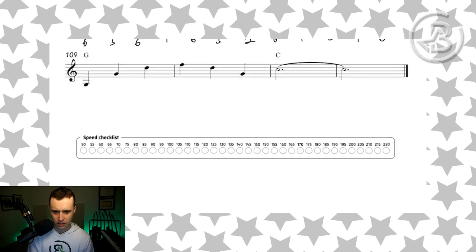Last line, starting in measure 109. 5. Move up the octave. 2. 4. 2. That's 5 there. Getting complacent there. 5. 1. There we go.